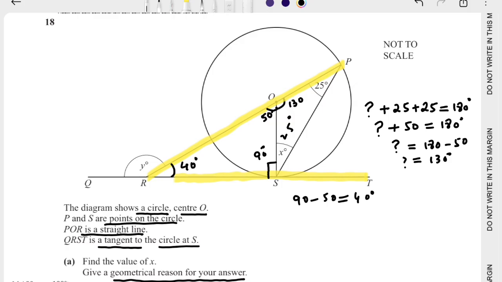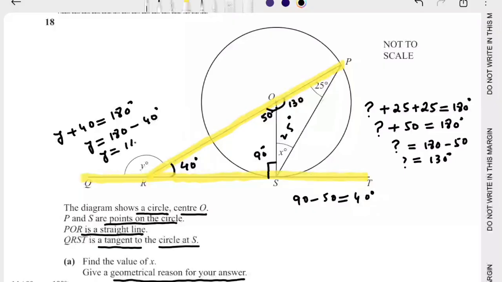Now as QRST is a straight line, the sum of both angles should be 180 degrees. So for angle y, it would be y plus 40 equals 180 degrees, and y is equal to 180 degrees minus 40 degrees.